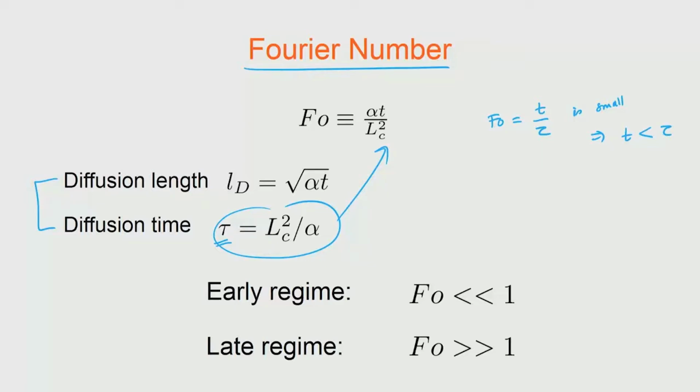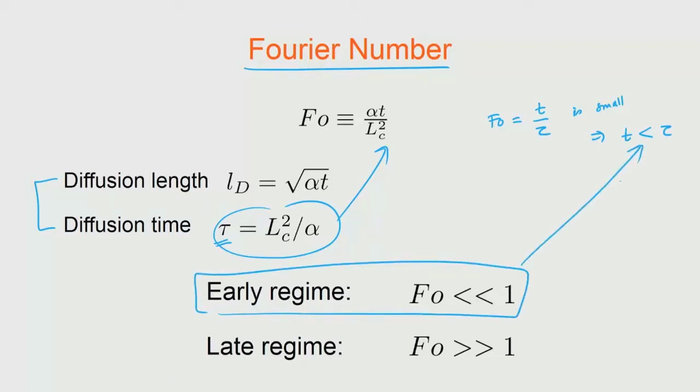The time is not enough for the diffusion to take place in the entire domain with a size Lc, which means that must be basically the early regime. Okay. So, that is what we say. Similarly, we can also argue what would be called the late regime. Fourier number greater than 1 means the time available is much more than tau, which is the time required for diffusion of heat in the entire domain of size Lc, which means that the late regime can be talked about when Fourier number is greater than 1.